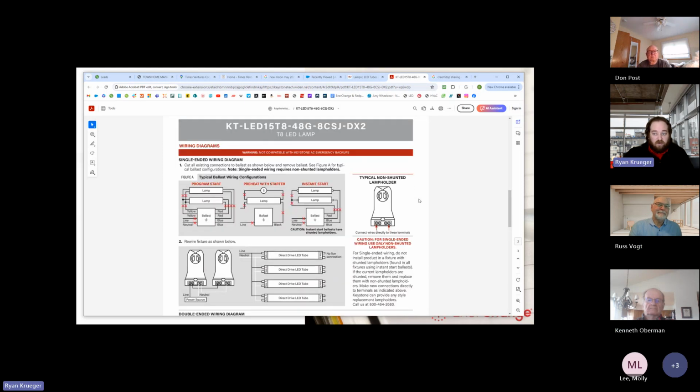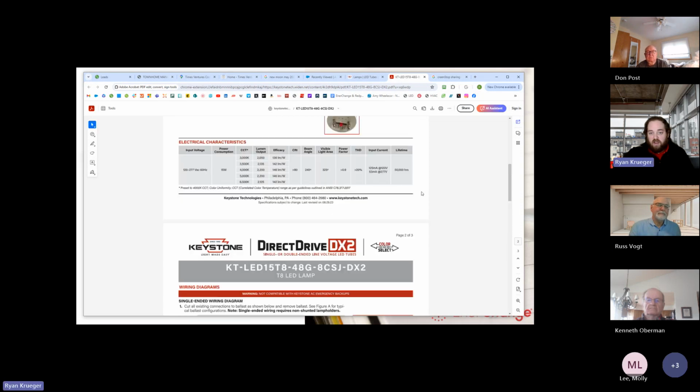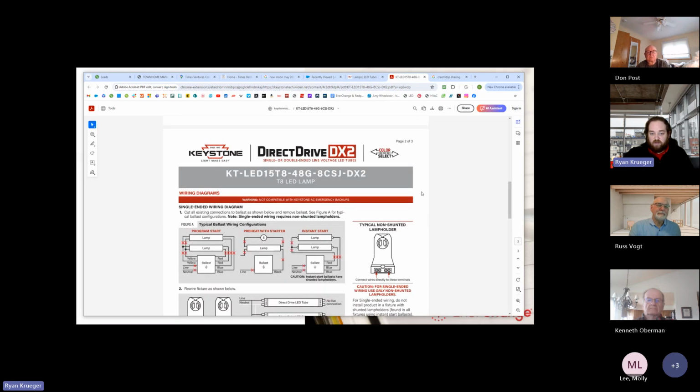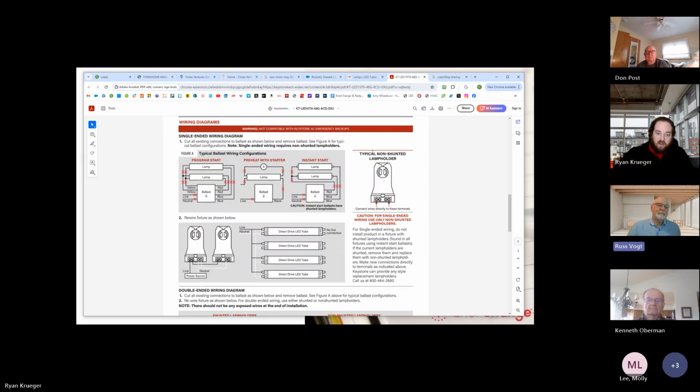What's nice about Keystone is that they have wiring diagrams. So if you had someone on your team that has a decent understanding of how the building is wired, and you say, here's 10 cases of tubes, go install them. Here is the wiring diagram. I don't necessarily need to get into this, but there's tubes that can run on your existing ballast, or there's tubes that require being rewired.